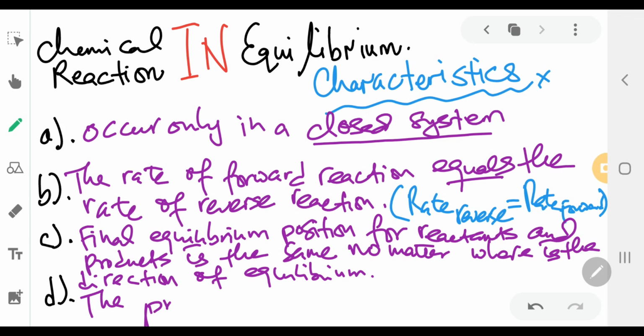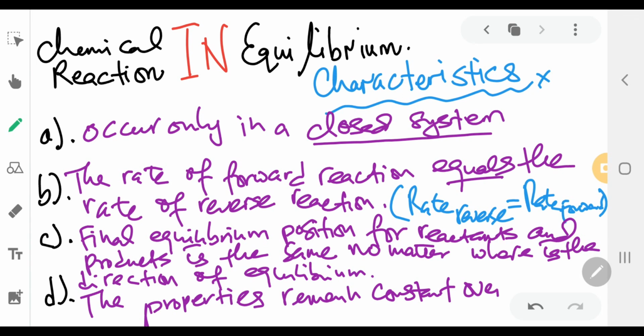And then D over here, the properties remain constant over time. So these are the 4 characteristics of chemical reactions in equilibrium.